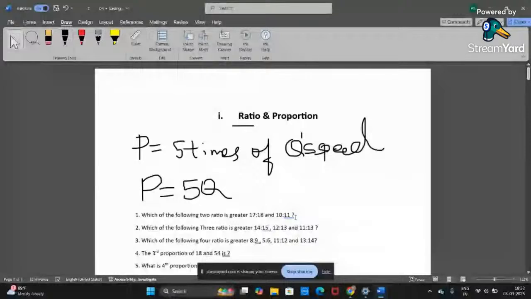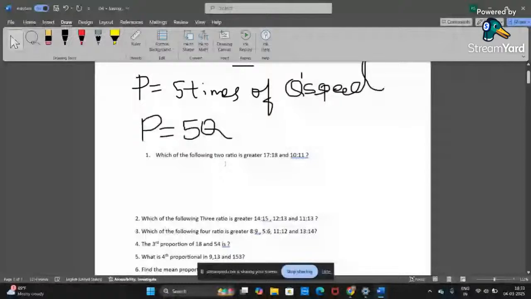Let's move on to the first one. Which of the following two ratios is greater between 17 is to 18 and 10 is to 11? We need to find out which one is greater. So how to do it? First we write 17 is to 18 as 17 by 18.